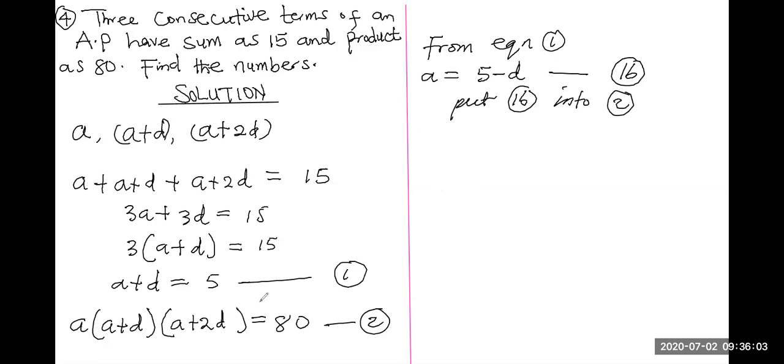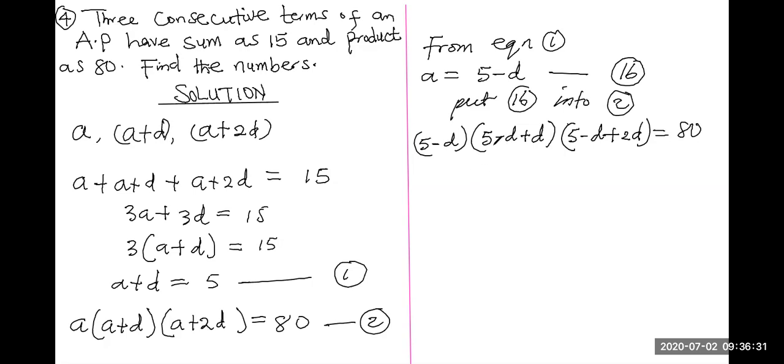Instead of A, put 5 minus D. So I'm going to have 5 minus D, multiplied by 5 minus D plus the D that was originally there, then multiplied by the third bracket, 5 minus D plus the 2D that's originally there, equals 80.